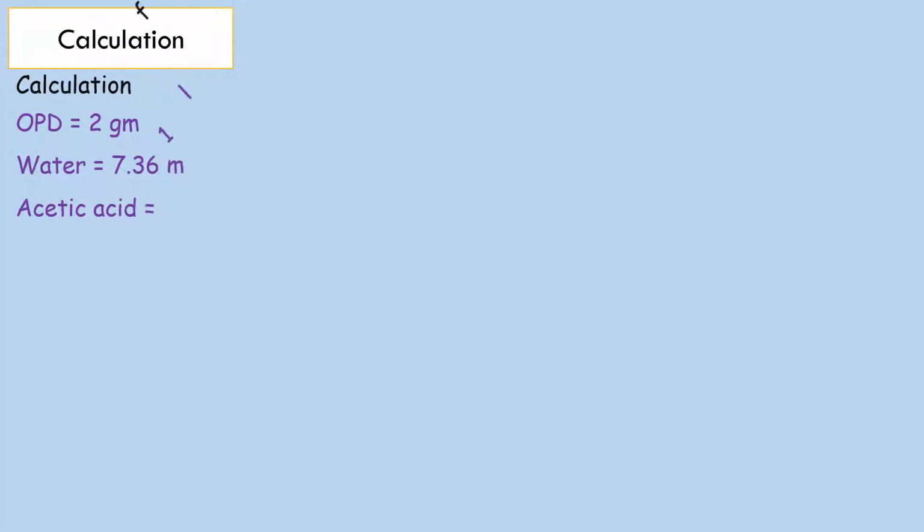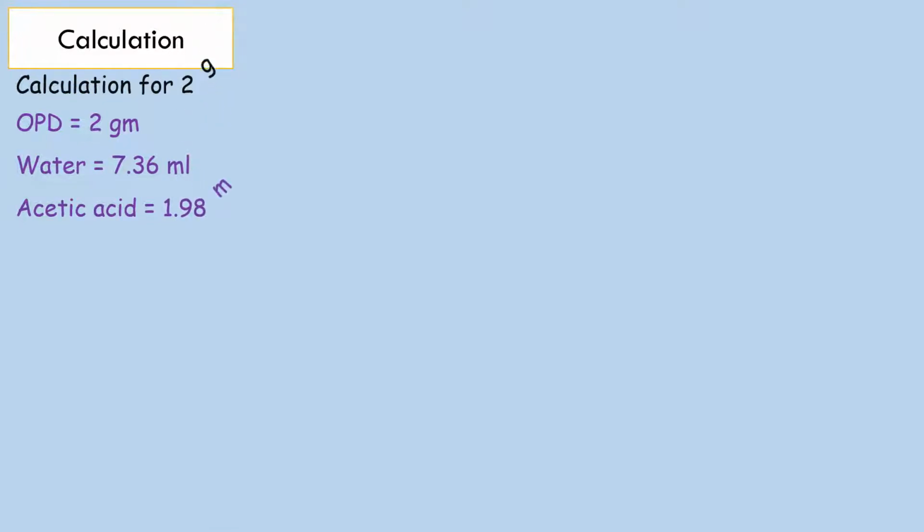Now move towards the calculation part. In this calculation part, we can make the synthesis for a quantity of 2 gram. Suppose for OPD it will be 2 gram. Then in that ratio, we take water 7.36 ml, acetic acid 1.98 ml.